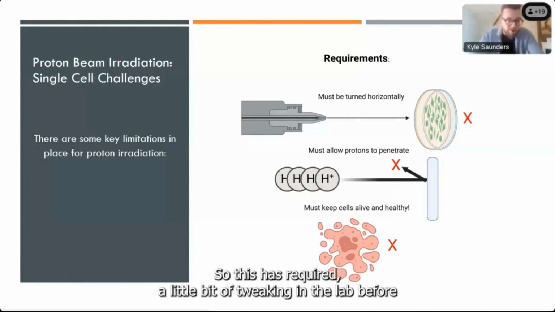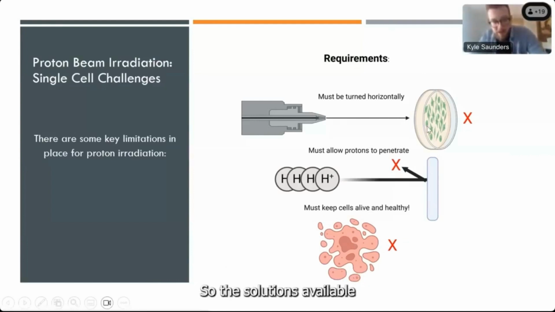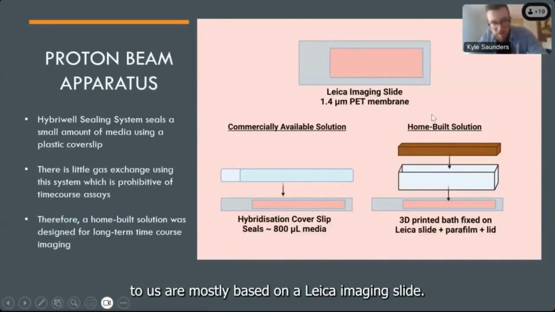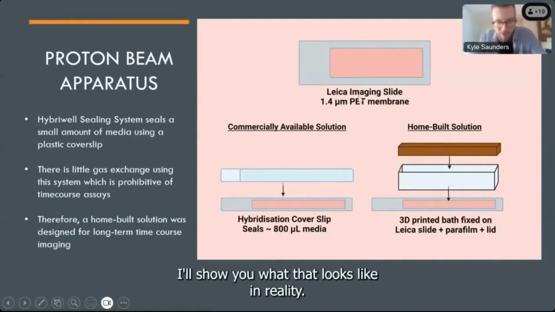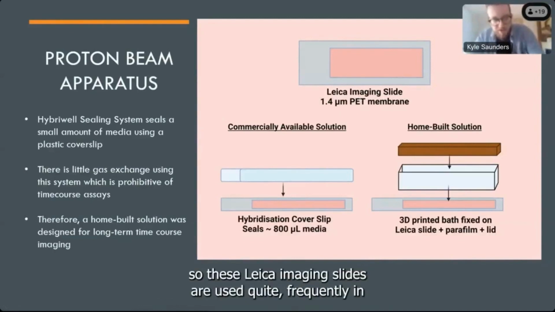So this has required a little bit of tweaking in the lab before we've been able to start the proton therapy. The solutions available to us are mostly based on a Leica imaging slide. I'll show you what that looked like in reality in a moment. These Leica imaging slides are used quite frequently for microscopy.